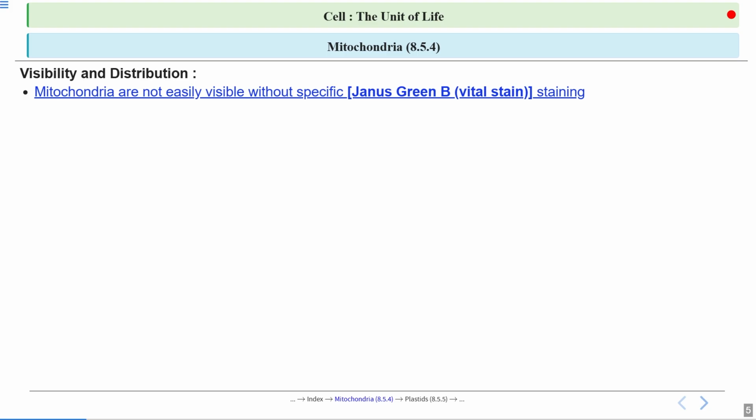You have to stain the mitochondria with certain specific dyes. A dye which is used to stain the mitochondria is Janus green B.